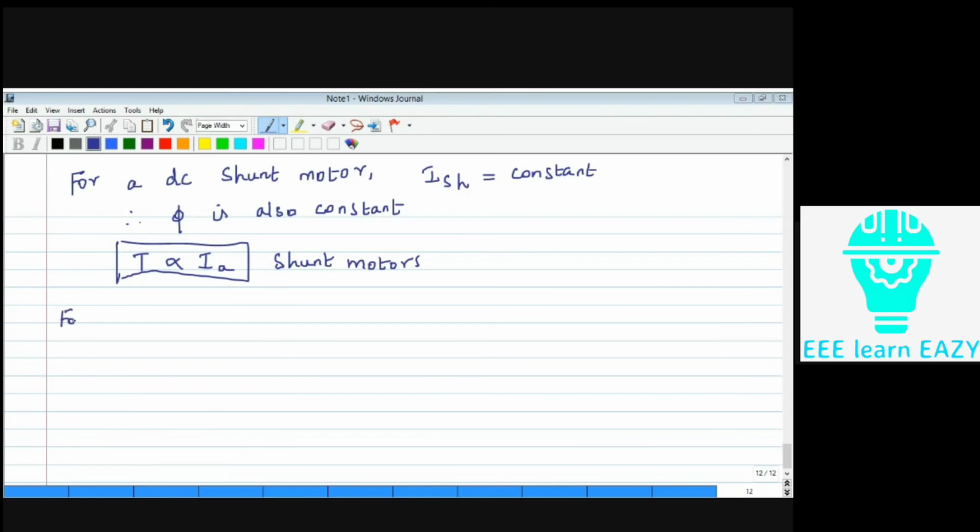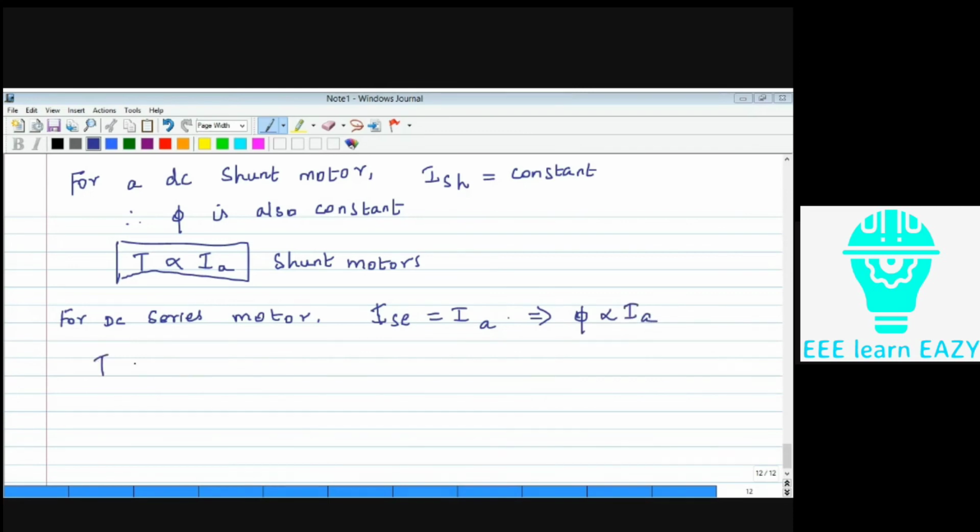Now for DC series motor, what we saw: I series is equal to Ia. Therefore, flux is proportional to armature current Ia.